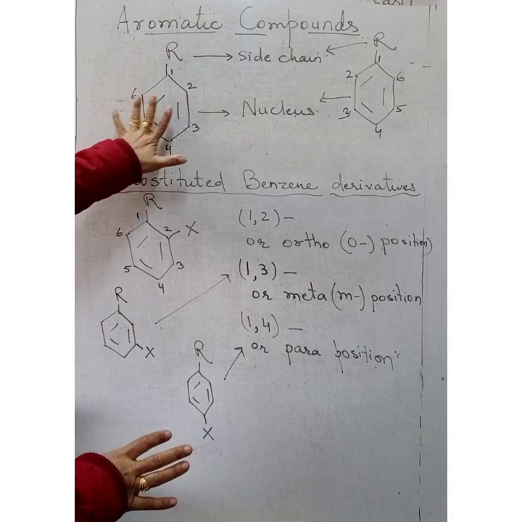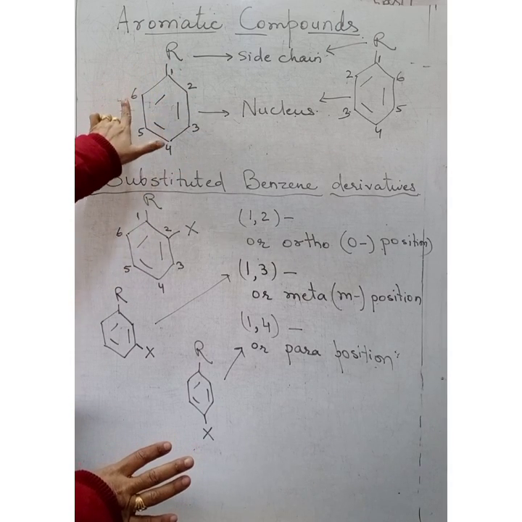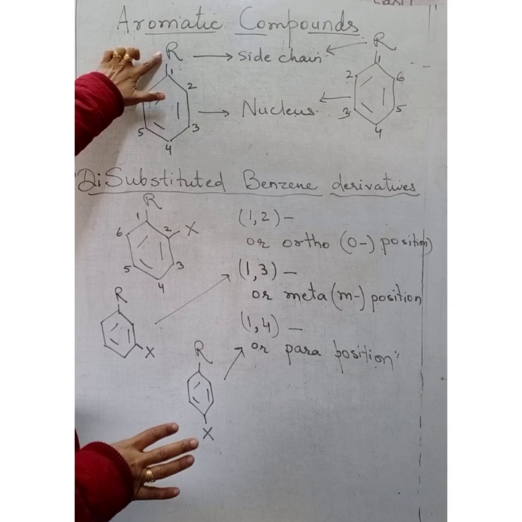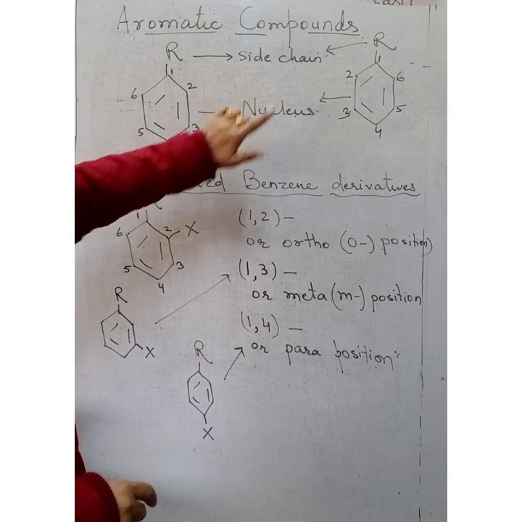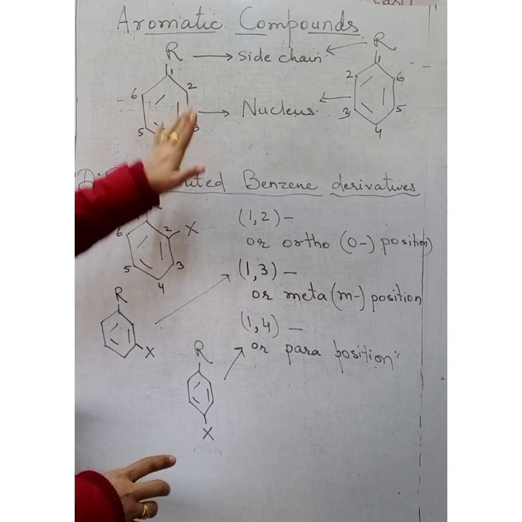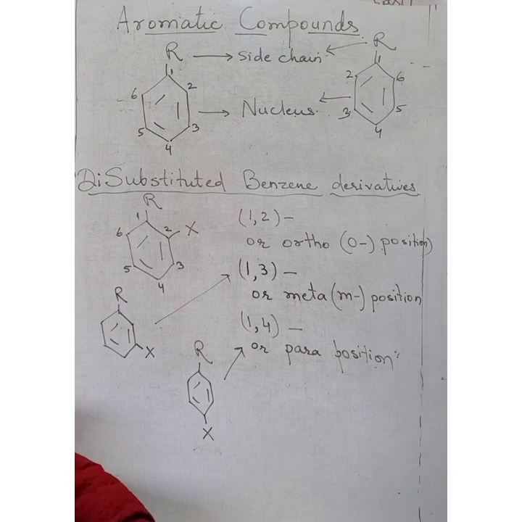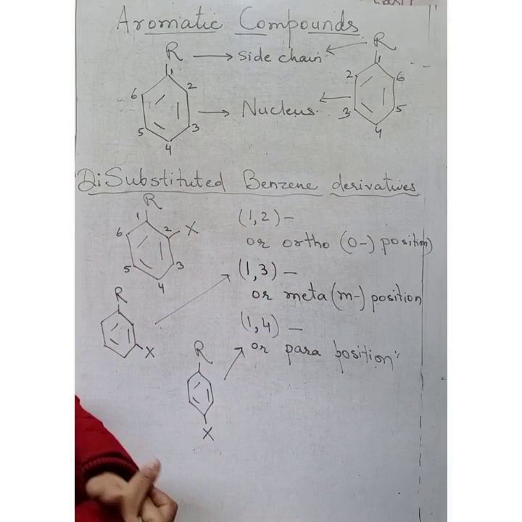If we have a monosubstituted benzene compound, R is an alkyl group present as a side chain, and the benzene ring is present. All positions of the benzene ring are equivalent. That means you can start numbering from any direction because it is a cyclic compound.